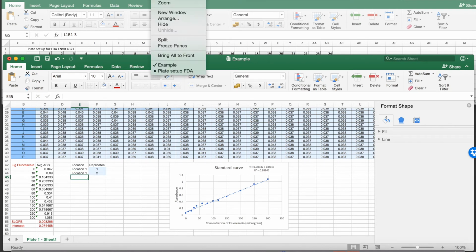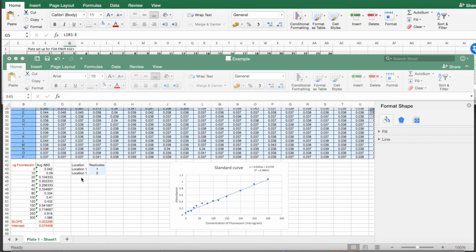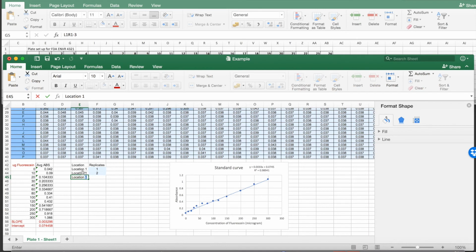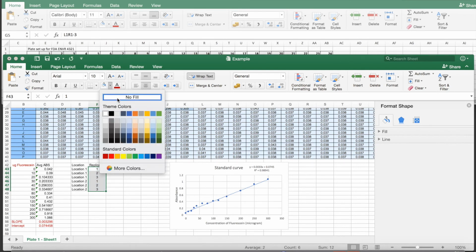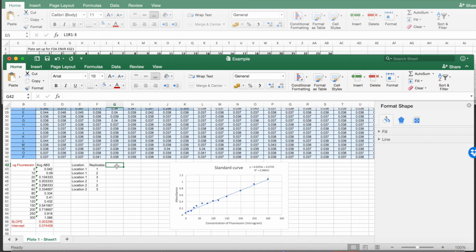And then they had location 1 and a third replicate. Then they had location 2. I'm not going to type it all again. I'm just going to drag and copy, but then it creates different locations, and then I just click here under copy cells. And then here I'm going to copy this and this just to make my life a little quicker. Then I'm going to average the absorbance for the pseudo replicates.